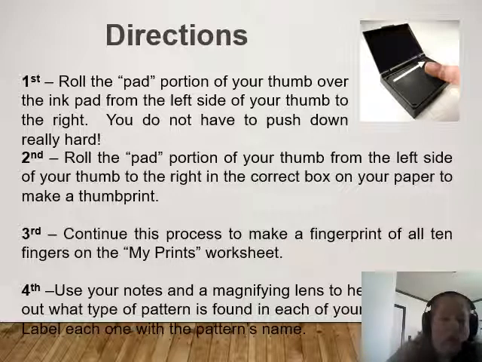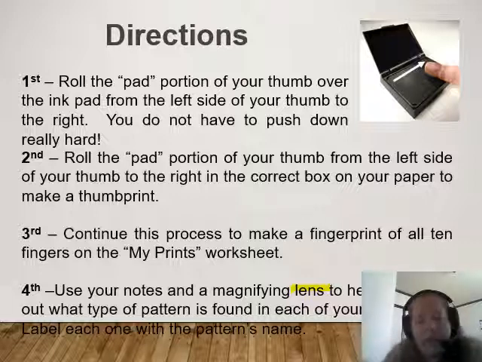Then you roll from left to right in a box that you would have on the paper. You continue that process till you have all 10 of your fingerprints done. And if you want to examine them even more closely, you can use a hand lens to see what the pattern is that your finger just left.